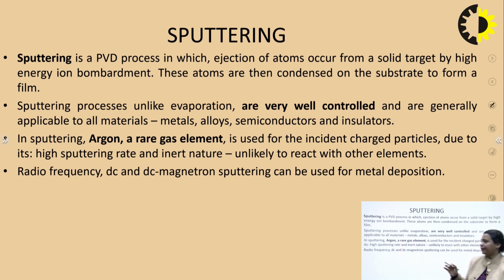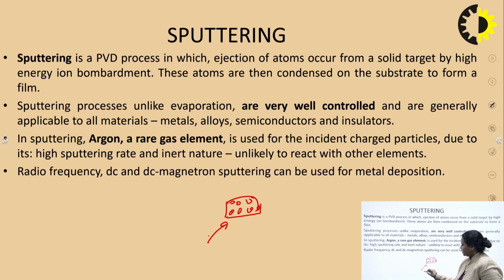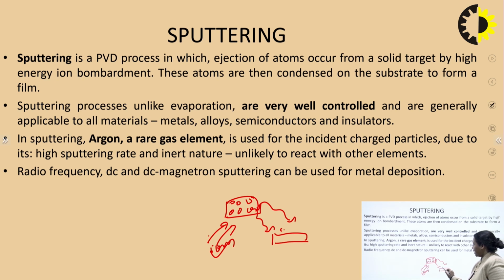So that means there is a source with some atoms on it, and you bombard it with high-energy ions. On bombardment, these atoms come over your substrate and create a layer. This is called sputtering.